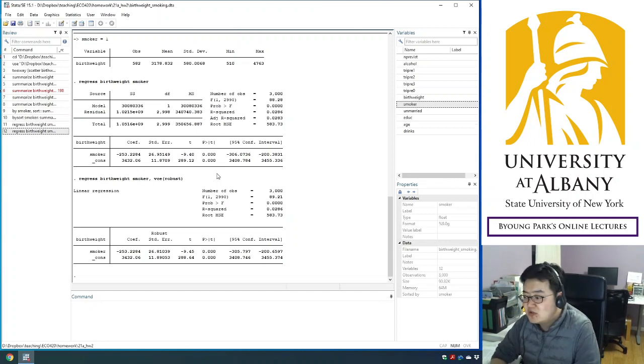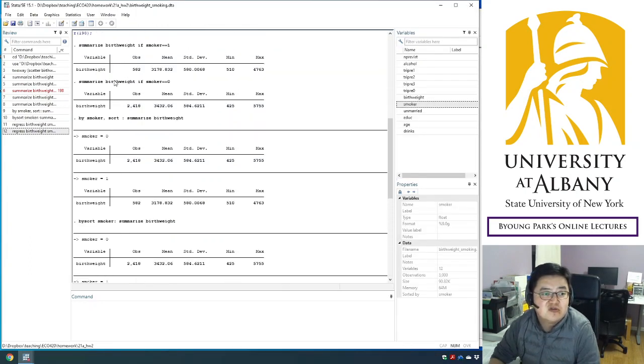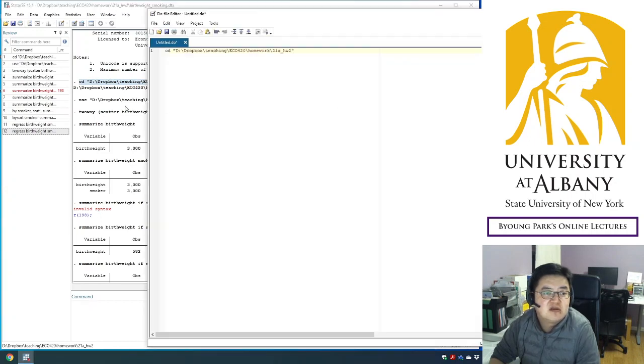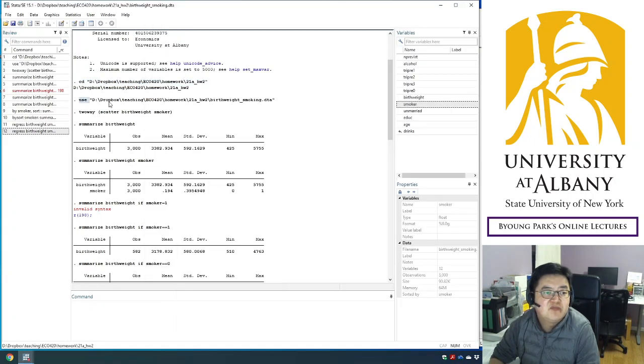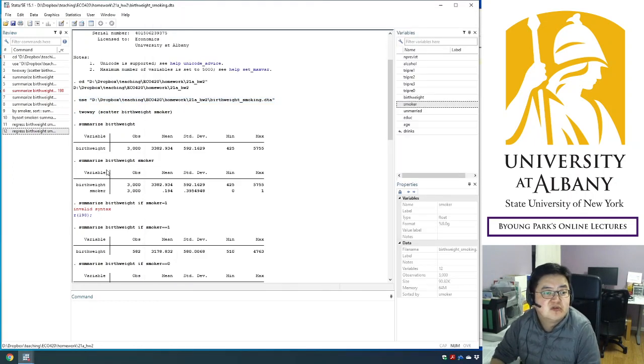So this is homework number 2. What you need to do here is collect the commands you use and make a do file. Always use a do file. If you are familiar with the commands, you can directly start from the do file like this, but at the beginning, when you first learn Stata, I encourage you to use this one.